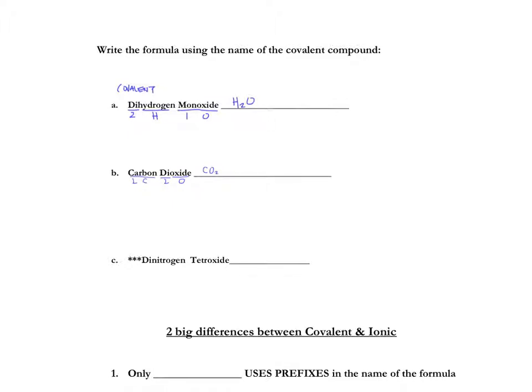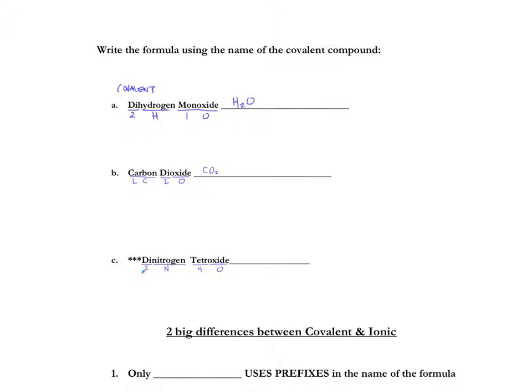Okay. My third example down here is dinitrogen tetroxide. So I hear prefixes, I see the prefixes. So I know this is covalent. So the prefix di means 2. Nitrogen is an N. Tetra is 4, and oxide is referring to oxygen.